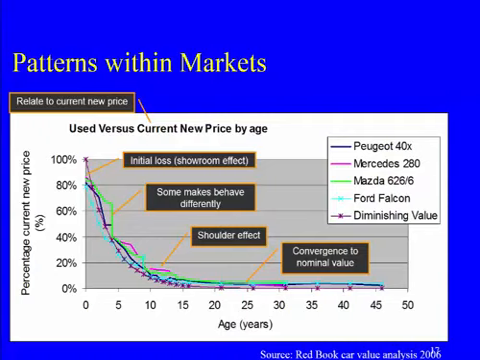And so you do have this strange phenomenon where once a car gets to about 15, maybe 20 years old, it doesn't seem to depreciate very much at all. That is the as long as it goes kind of value. And so we see that regardless of whether we're talking about a Mercedes or a Ford Falcon.